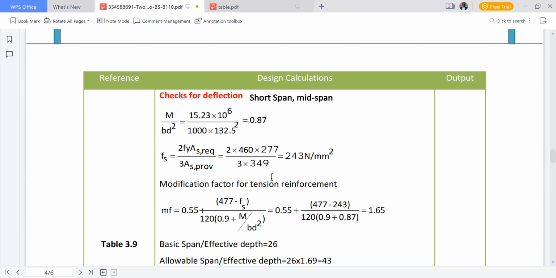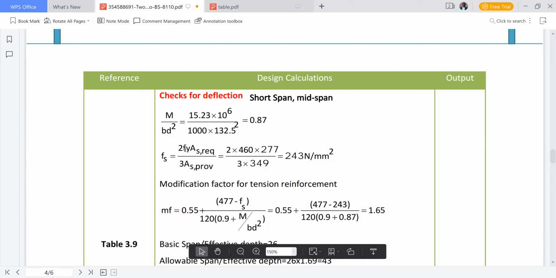But where the span is hanging, we call it the mid span, we shall have the deflection. That is why when we are talking about short span deflection, we are using the moment in the short span, mid span, not continuous. Now we will calculate this M over bd squared because we shall use it in our formula here. That's why we are computing it.